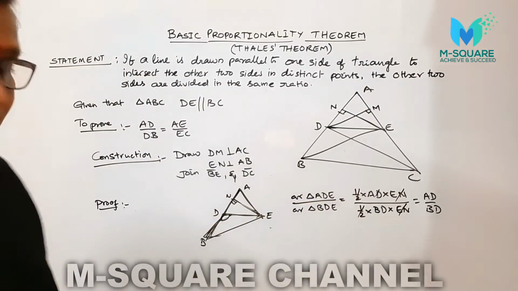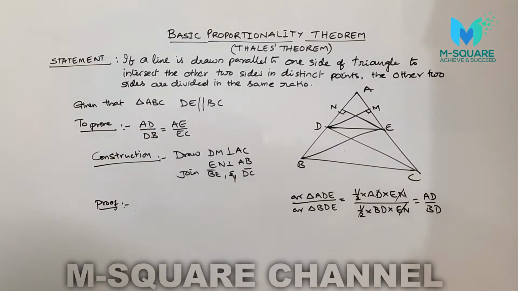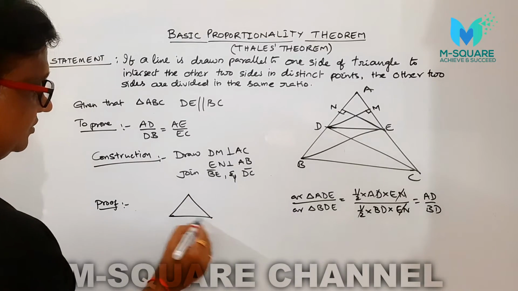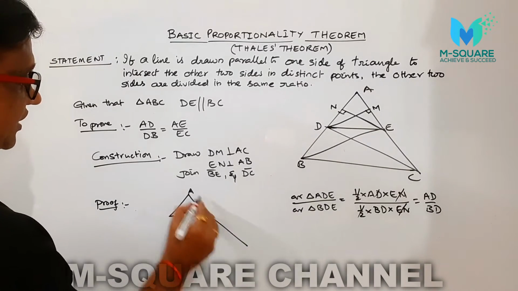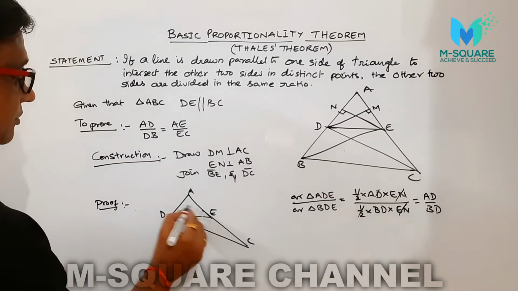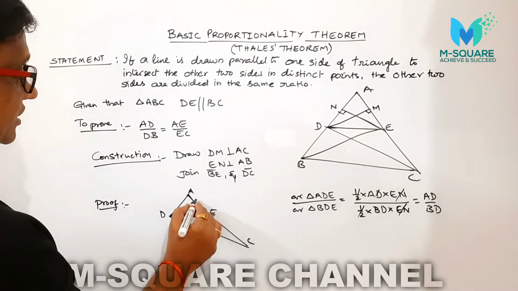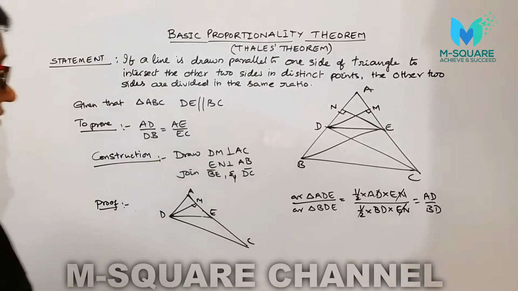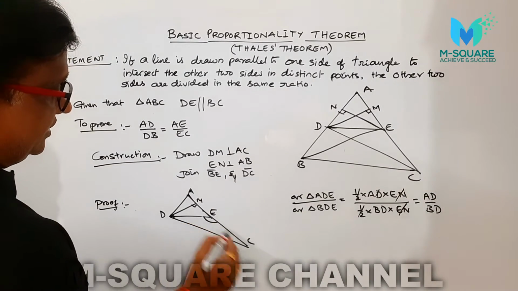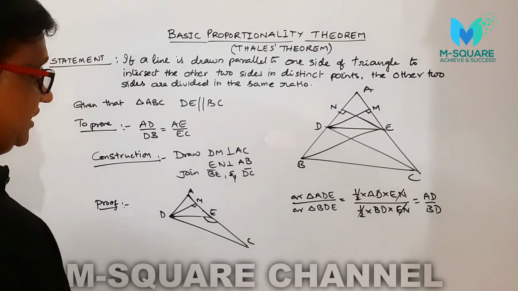This is the first half. Now take the other ratio, AE by EC. The triangle is AEC with D joined. Here the base is AE and the altitude is DM. Triangle DEC is also an obtuse angle triangle, same as BDE.